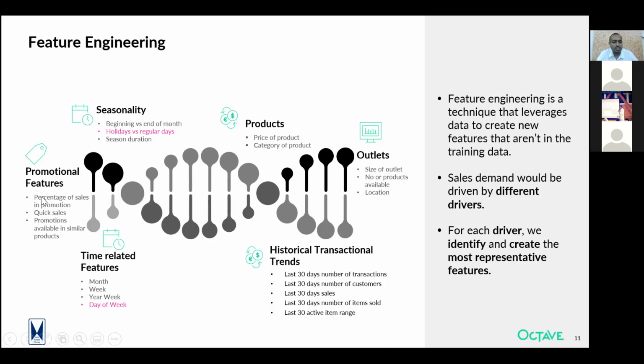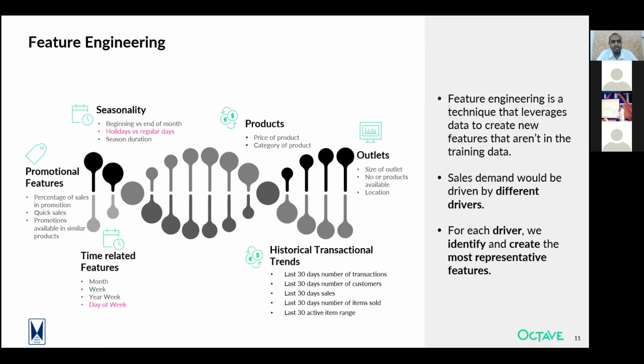Features such as the percentage of sales that happen during the promotion, then quick sales, are instances where the items are given at a lower price and the customers would be enticed to buy more items. So these kinds of features are also contributing to the sales.